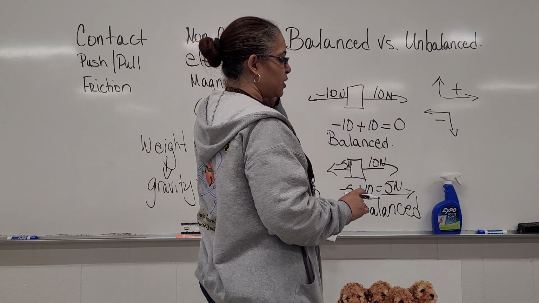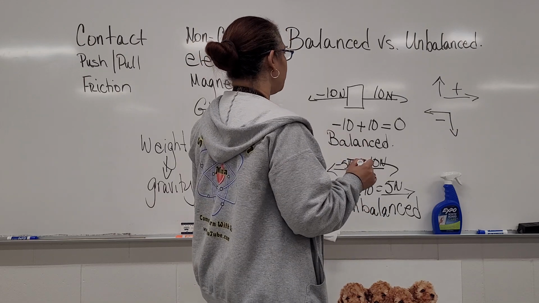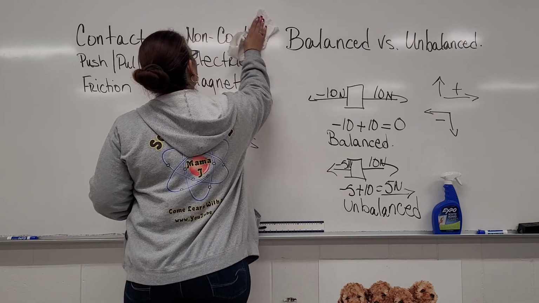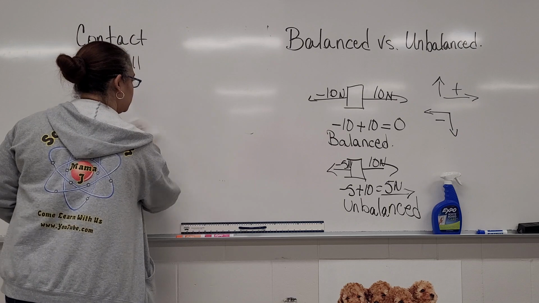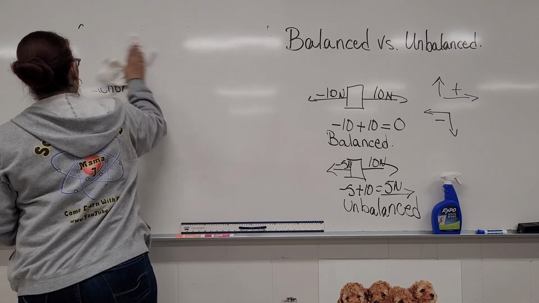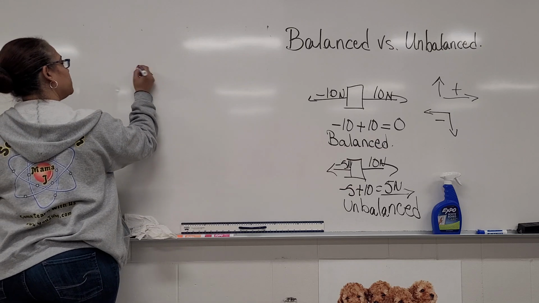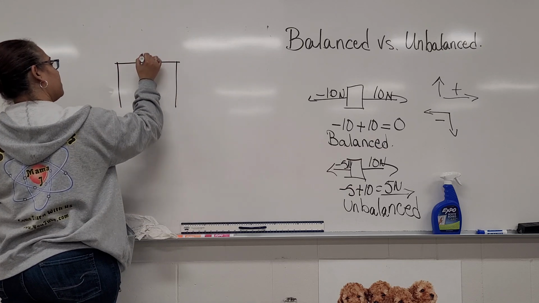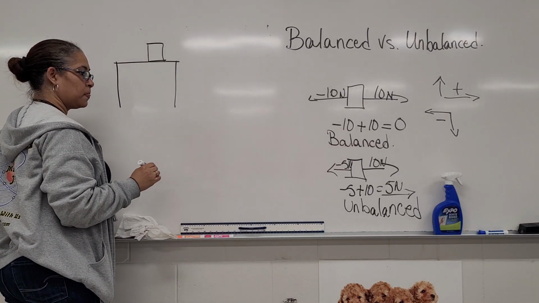Okay, now sometimes you'll have something that's a little bit more complex. Okay, for example, you have a force that is on a table. So they will give you a table and you have a box that is on that table.